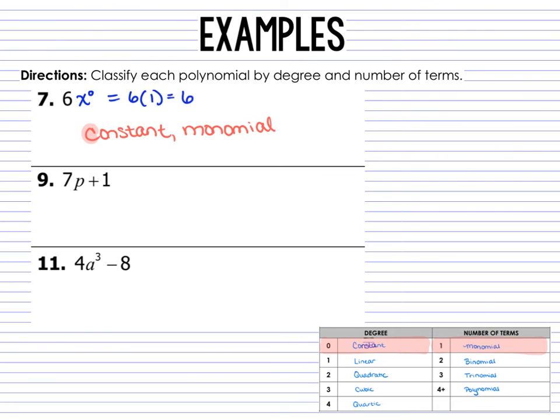Okay, so let's take a look at number 9. Let me do the degree first. For the degree, this p technically has an exponent of 1 on it. There are no other variables, there are no other exponents, so this expression has a degree of 1. If we look in the chart, a degree of 1 is going to be a linear function.